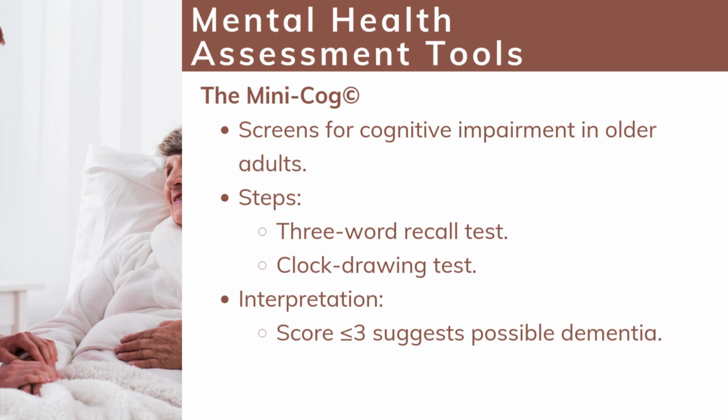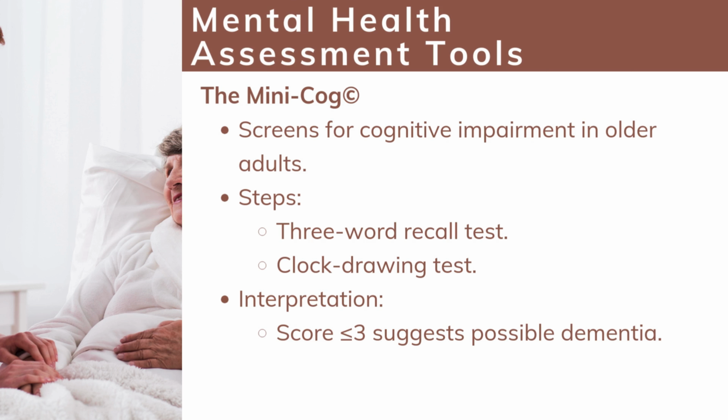Interpretation. A score of 3 or lower suggests possible dementia or cognitive impairment and may warrant further testing. A normal score of 4 or 5 suggests intact cognitive function.